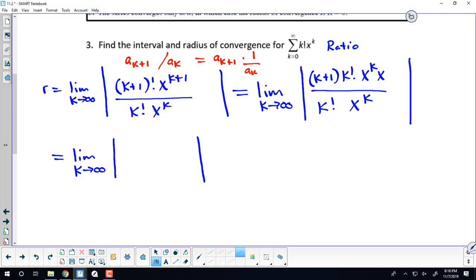So what do we have? The x is the k factorial, k plus 1 times x. Let's get that over.